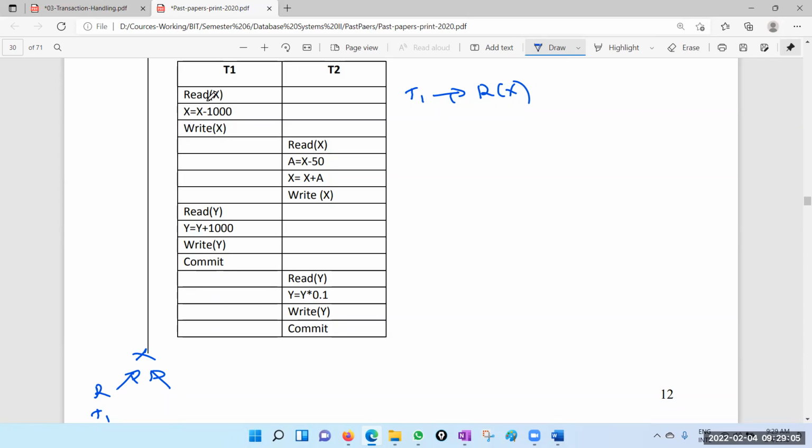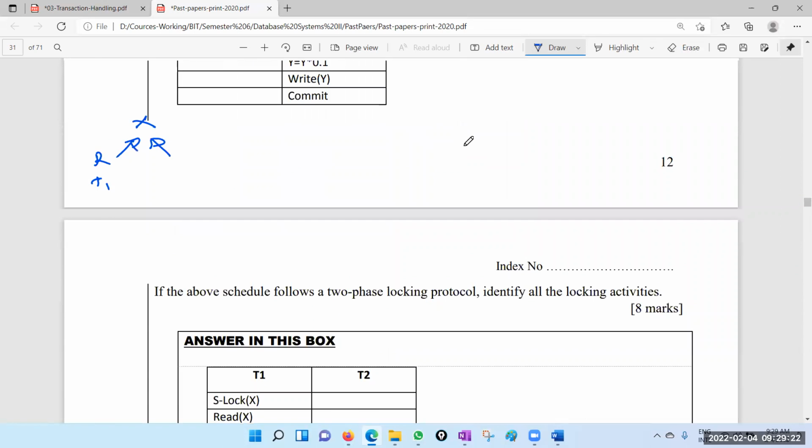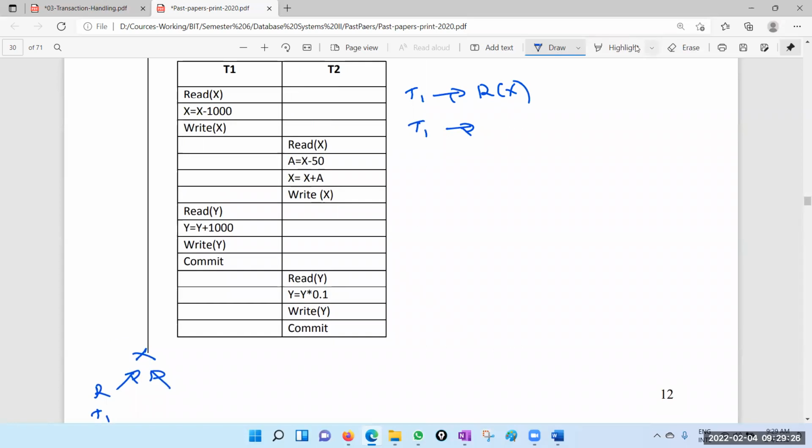Now it is doing some activities, then you need the write lock. So transaction 1 will get the write lock, or actually the examiner will use S and X. Let's say this is the shared lock.